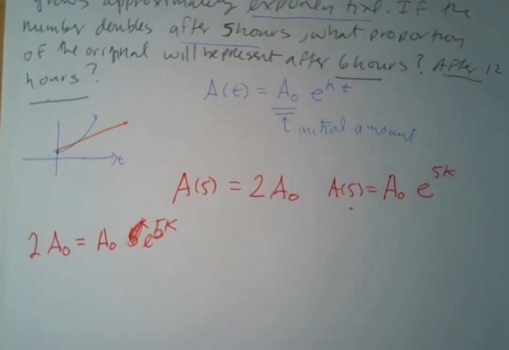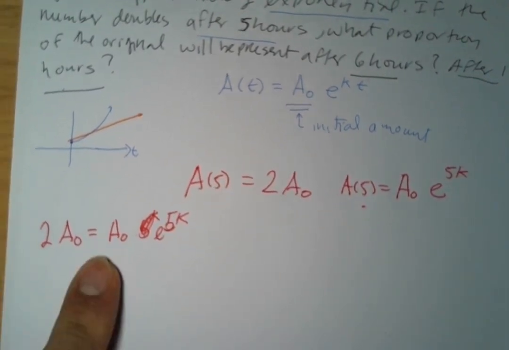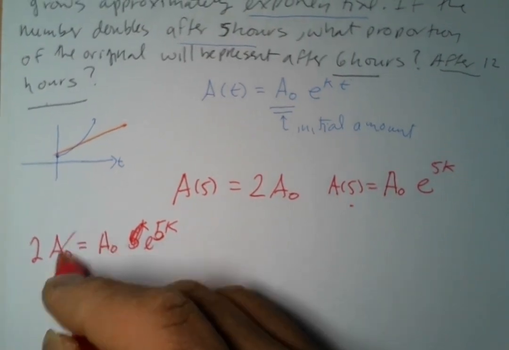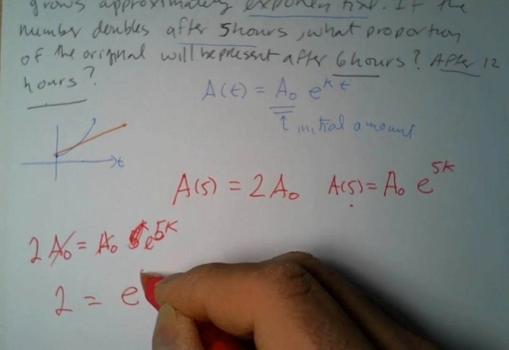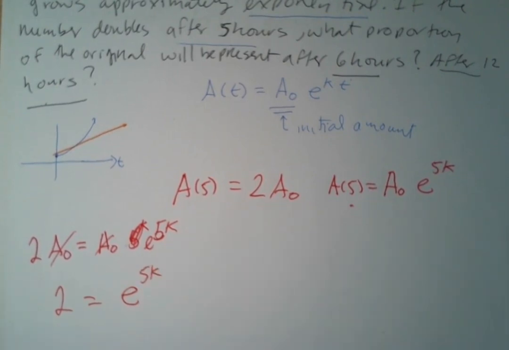Now notice right away that the initial amount simplifies to 1, and really we have 2 equals e to the 5k, which is why I said the initial amount is not important. All of this we do relative to whatever that initial amount is, by saying things like it has doubled or it has grown by 20%. That's a trademark of exponentials: we think about it as percent change.